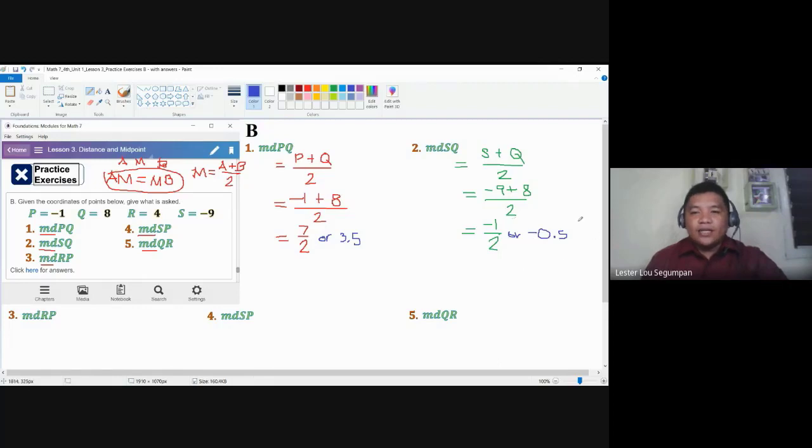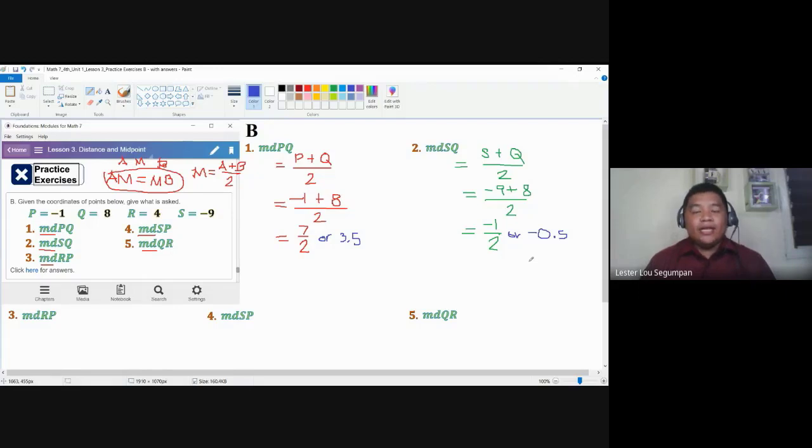Look at the answer here. One of our possible answers for midpoint is a negative value. Take note that in distance, in the previous practice exercise, we do not accept negative distance because distance is always positive. However, for midpoint, it's possible for us to get a negative real number. Why?